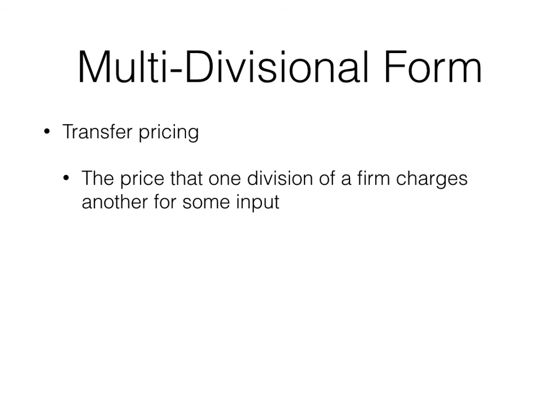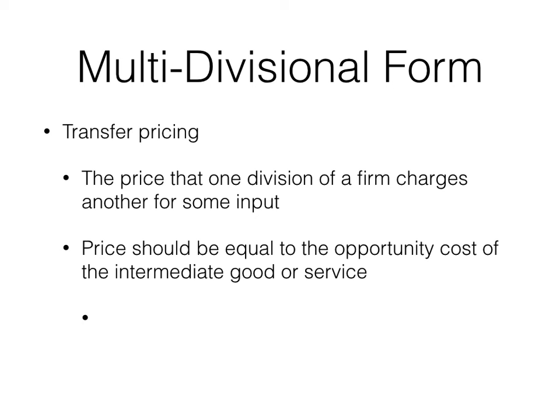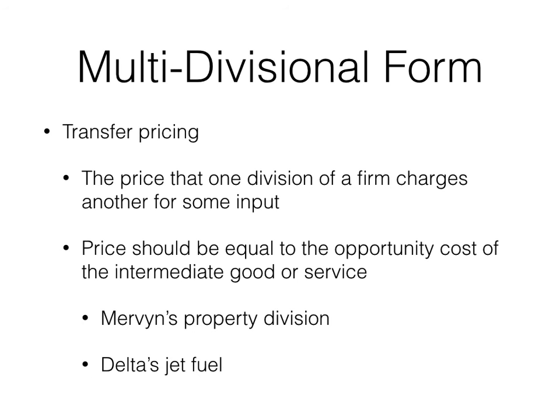So again, a couple of examples to look at would be, besides Mervyn's and Delta, HP and toner cartridges. As the printer manufacturer sells printers, they tend to come with an installed toner cartridge. It buys that toner cartridge from the toner division of Hewlett-Packard.